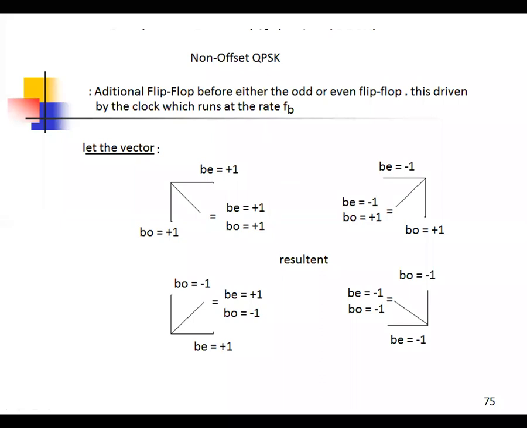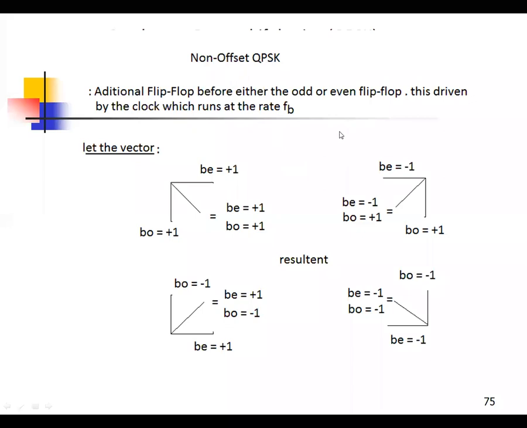If anyone asks you to draw a block diagram of non-offset QPSK, draw the same as QPSK and add one extra D flip-flop, either before the odd D flip-flop or the even D flip-flop. Either one. So this is nothing but non-offset QPSK.